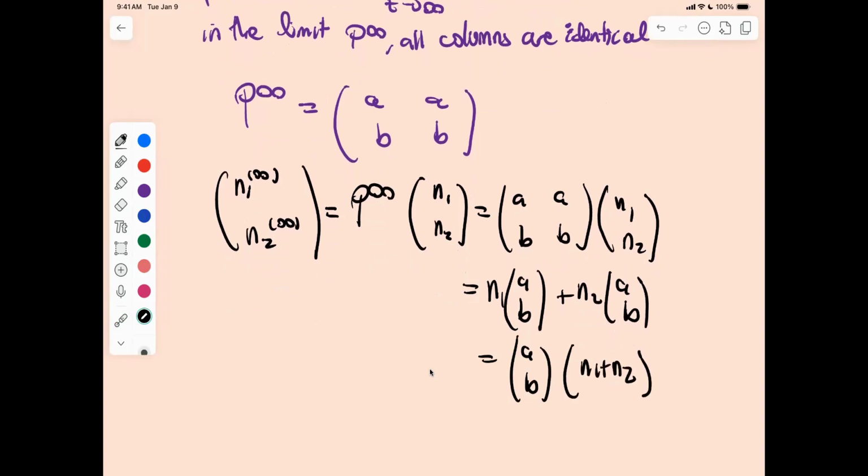But N1 plus N2 is the total population in the complete market, just the total number of customers.